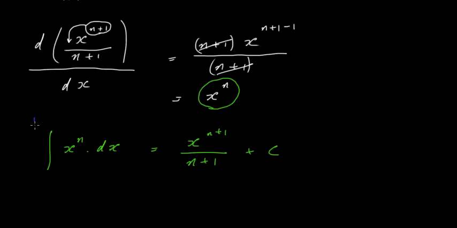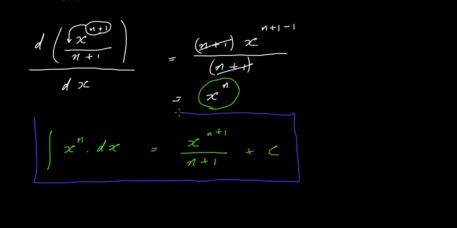This is the general rule you're going to use time and time again when carrying out integrations or antiderivatives of individual terms. So how does this work? To find the indefinite integral of x to the power of some number, you take the power, you increase it by 1, and then you divide by that new power as well.